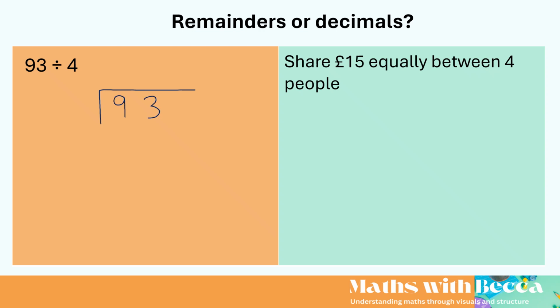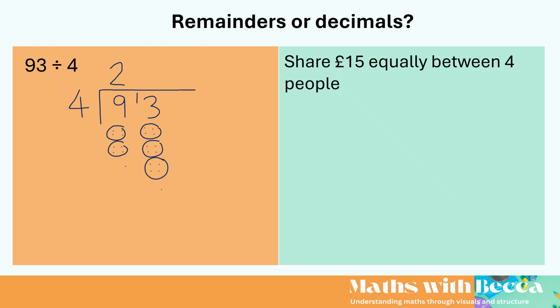93 divided by 4. So we're going to do groups of 4 into 9. 1, 2, 3, 4, 5, 6, 7, 8, 9. So that made 2 whole groups with 1 left over. So now I've got 13. 1, 2, 3, 4, 5, 6, 7, 8, 9, 10, 11, 12, 13.